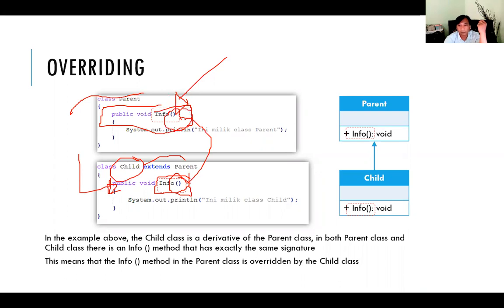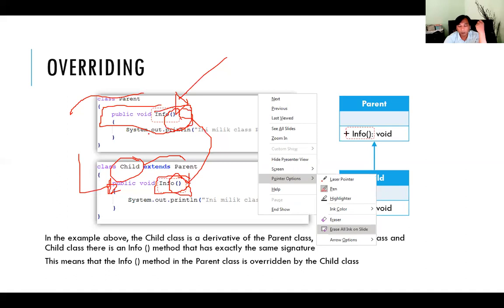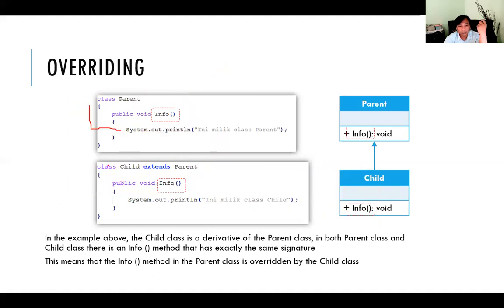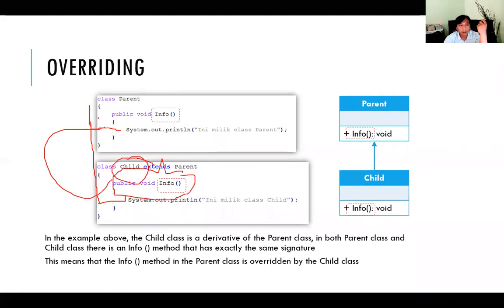If the parent has no parameter, then the child also must not have any parameter. But as you can see, the content of the method is different. It means that the child method overrides the parent method, or in short, the child method is replacing the parent's method.